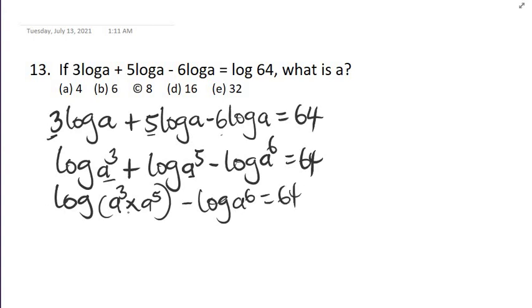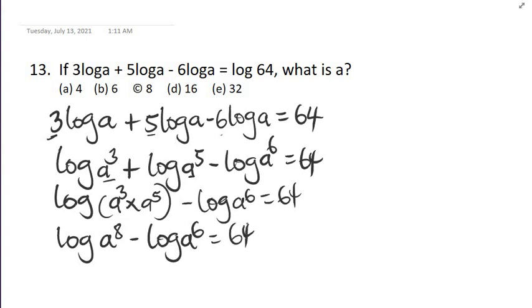Now since the bases are the same and they are multiplying each other, you add up the exponents, according to the law of indices. So this will give me log a raised to power 3 plus 5, which is 8, minus log a raised to power 6 equals 64. Now, if you have the same bases being subtracted in logs, it actually means division.